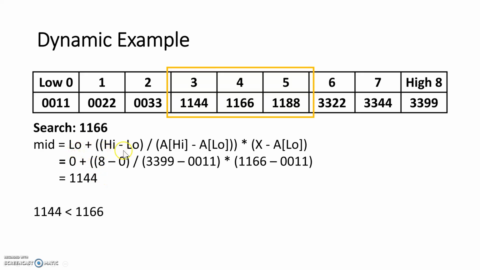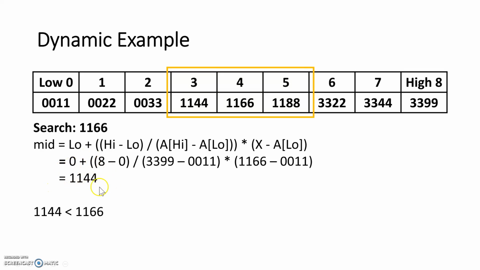Let's start with all the symbols and how we put in the values. L, the lowest index, is 0, plus the highest index 8 minus the low index 0, divided by the value at the highest index, 3399, minus the value at the low index, 0011, times the item that we want to search for, 1166, minus the value at the low index, 0011. You do this calculation by yourself, and you find that the item is 1144. And this result is where you want to search.